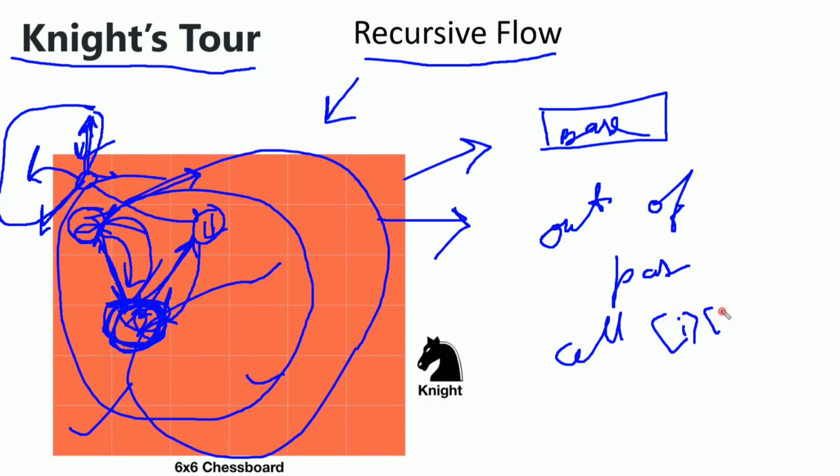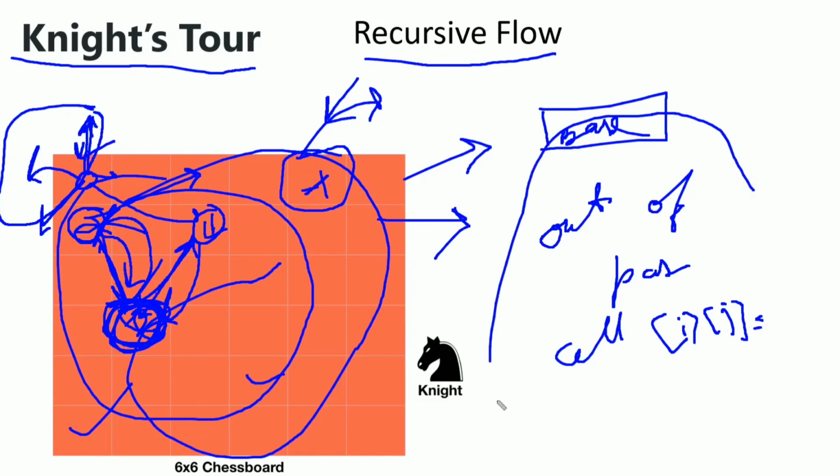So in this case, this is not a safe movement for this knight. Initially the board is filled with, suppose, -1. If this is a safe choice for the knight, then it will be turned to the step number for that knight. Okay, so this way we can account for the squares visited exactly once.